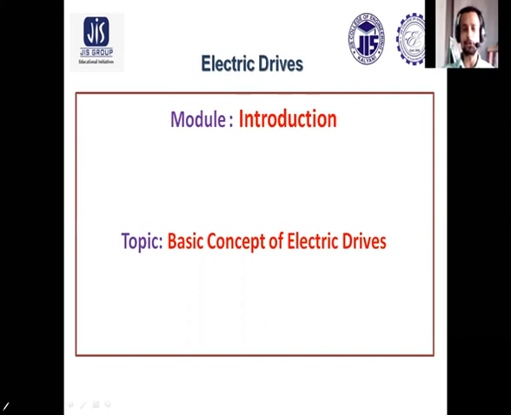Before starting today's discussion, let me tell you what an electric drive is, or why we should study electric drives. As you all know, all the motor driven systems are there in industrial applications or domestic applications. For example, if you want to control a cement plant, or any domestic appliance such as a pump, or for robotics control, everywhere electric motors are used.